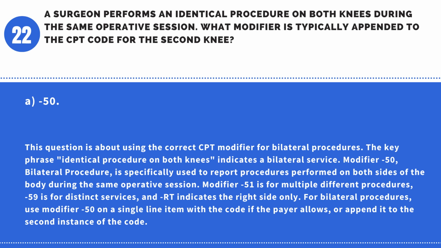Modifier -51 is for multiple different procedures, -59 is for distinct services, and RT indicates the right side only. For bilateral procedures, use modifier -50 on a single line item with the code if the payer allows, or append it to the second instance of the code.